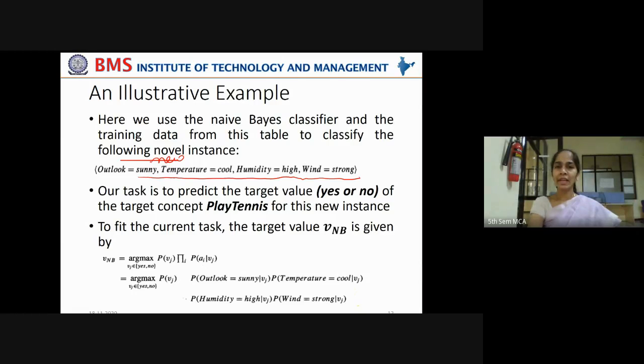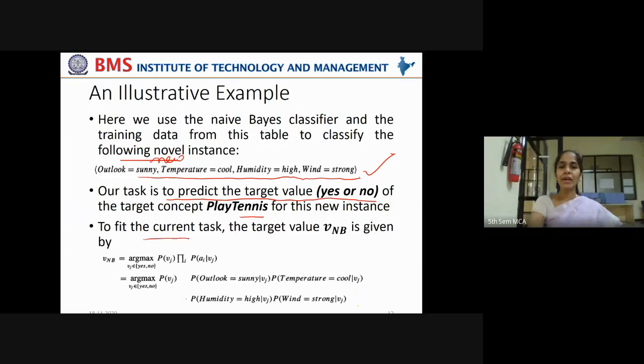Now on this day, whether tennis will be played or not. Let us see how this task is tackled by the naive Bayes classifier. Our task is to predict the target value, yes or no, for this new instance.